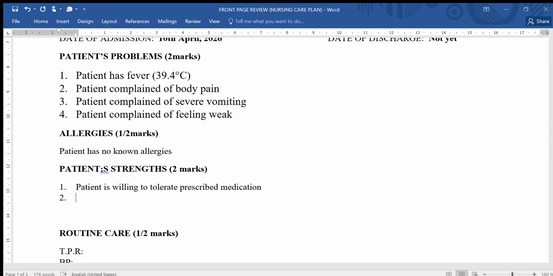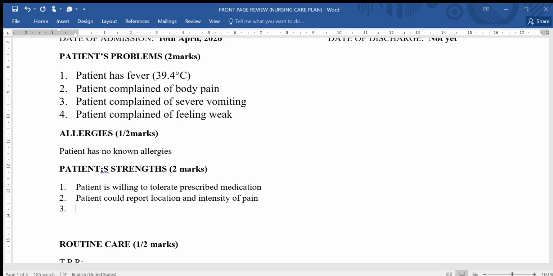So we could say that patient could report location and maybe intensity of pain. That's it. So that has become a strength.